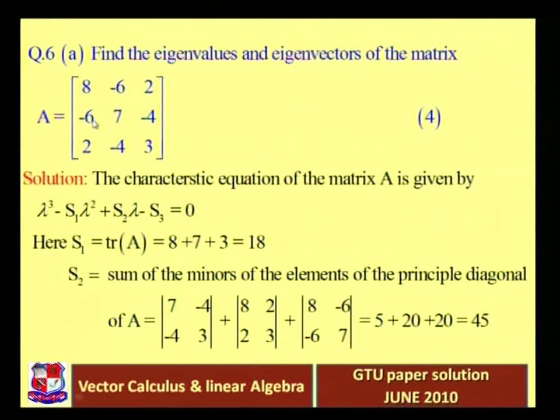That is our characteristic equation. This is another method which I explained here to find the characteristic equation. Both are almost similar. You can use any one of the methods.